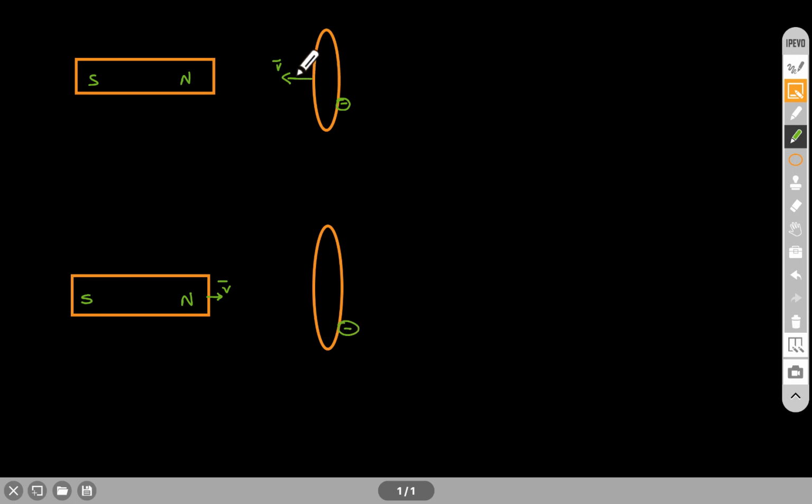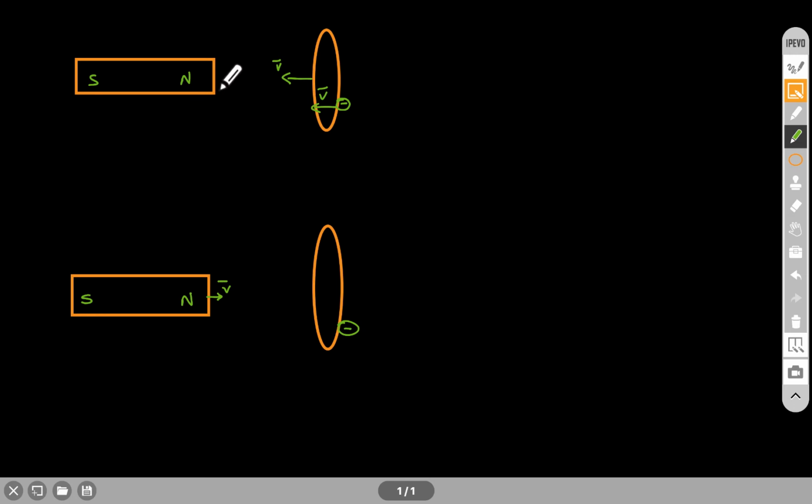Now, because we move the loop towards the magnet, as a result of moving the entire object, of course, these mobile electrons also have the same velocity. If you're pulling the loop, you're also pulling the electrons that are present in the loop. What this means is that every mobile electron has a velocity because you're pulling them.